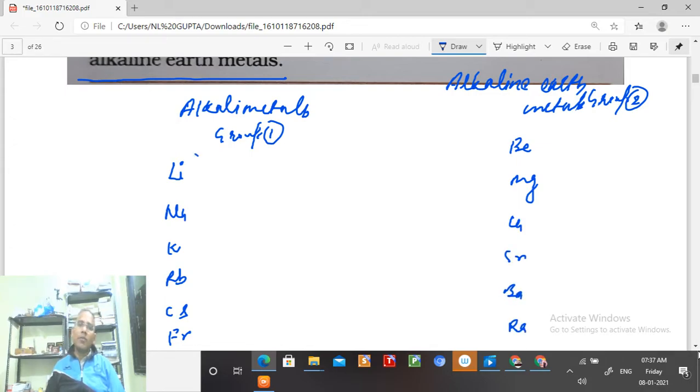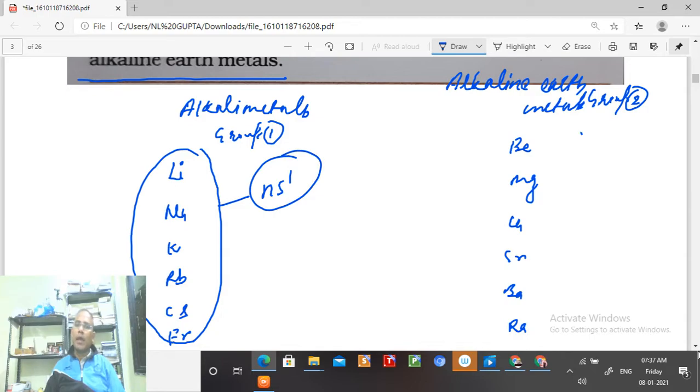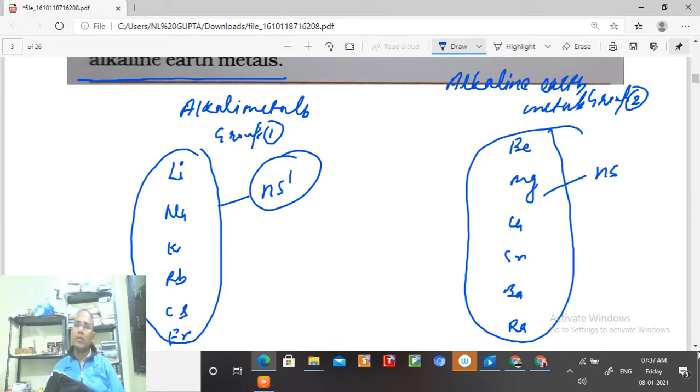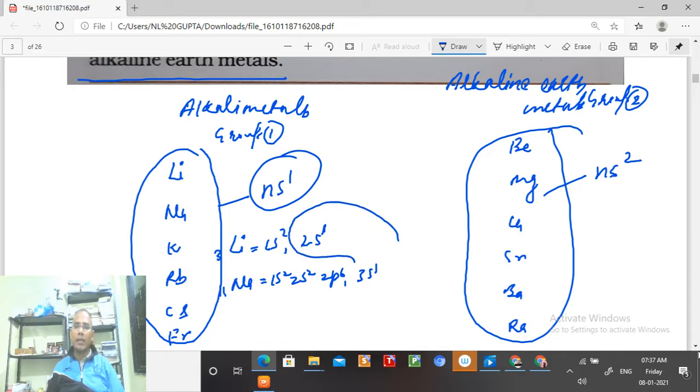The valence shell configuration of the first group is ns1, and of the second group is ns2. For example, lithium is 3, so 1s2 2s1. Sodium is 11, so 1s2 2s2 2p6 3s1.